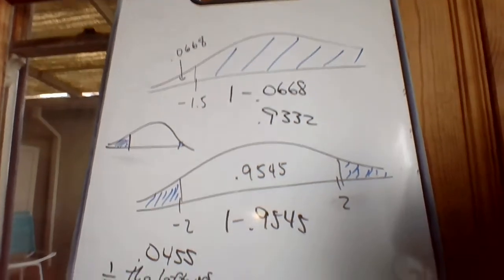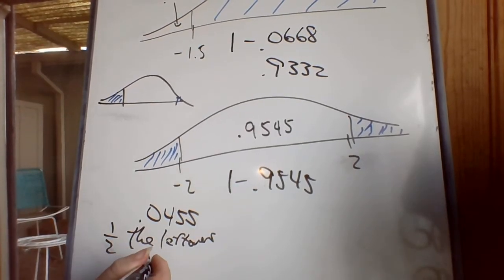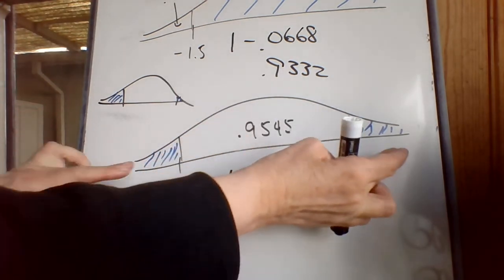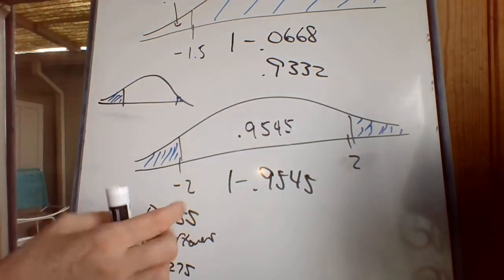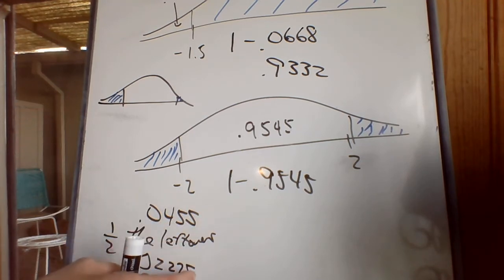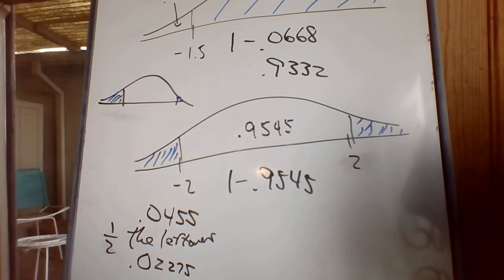So the leftovers is 0.0455. Half the leftovers, just divide that by 2. So one of these little blue triangles in here is 0.02275.